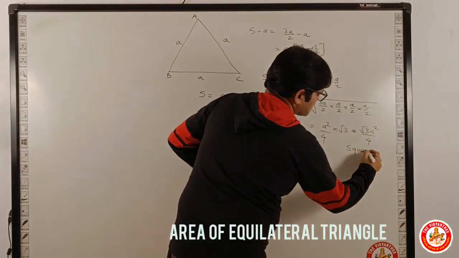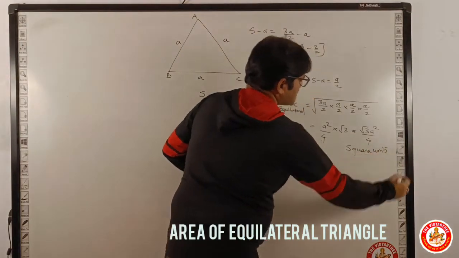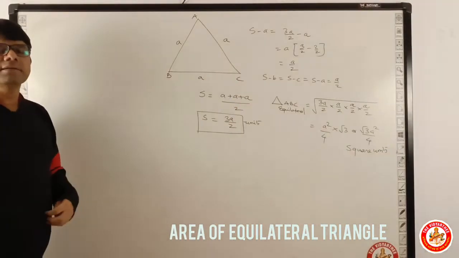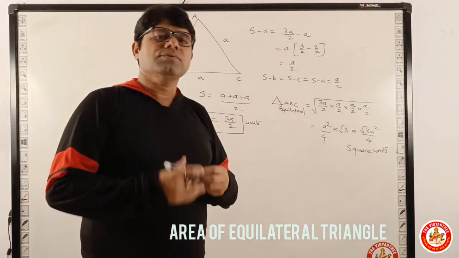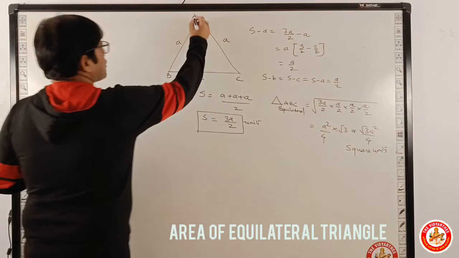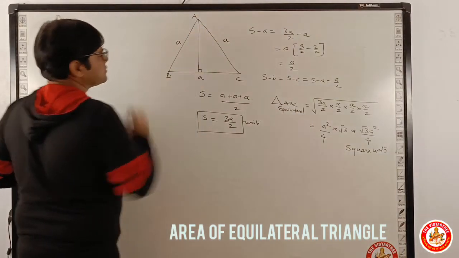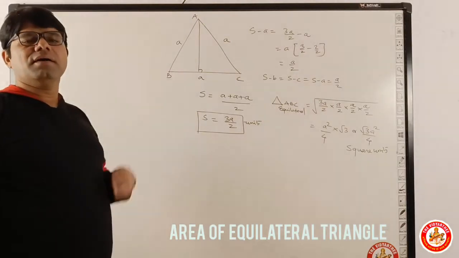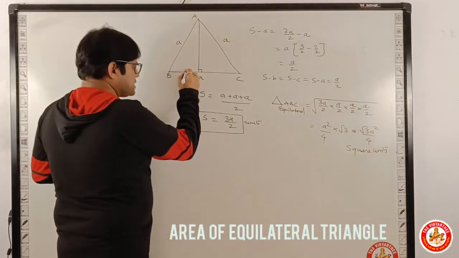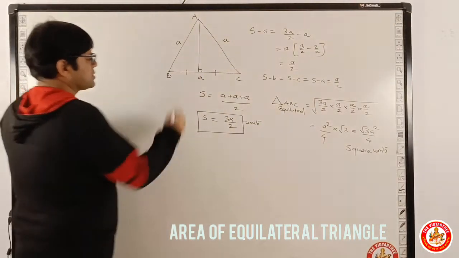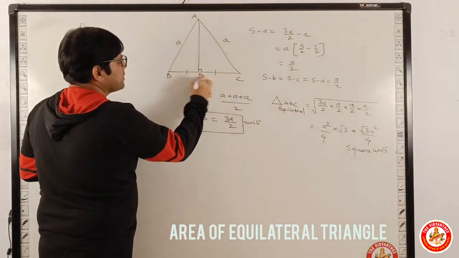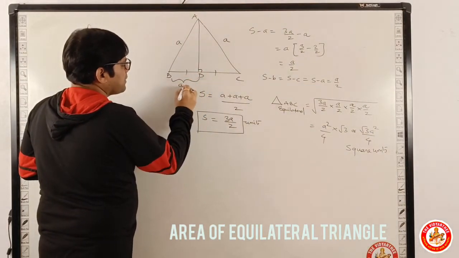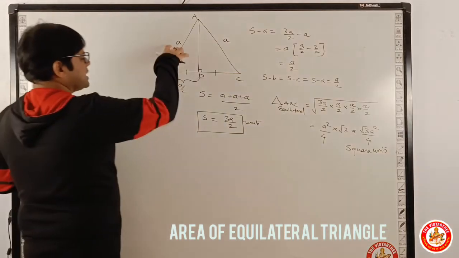Now we will attempt the same question using half into base into altitude. So I will drop down a perpendicular. Now a perpendicular in the case of an isosceles triangle or an equilateral triangle divides the base into equal parts. So what is the measure of BD? BD will be A by 2. Now this is A, this is A by 2.